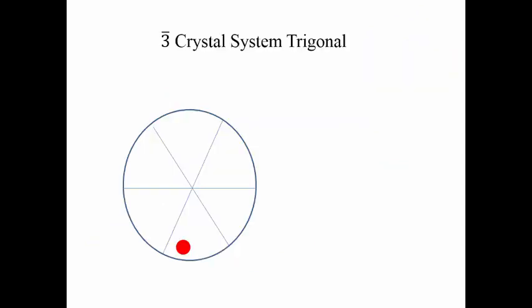So now let's look at our crystal systems. So 3 bar, for example, the point stereographic projection would be if we want to go counterclockwise by 120 degrees, and then we go through the inversion point, we come out here. We go counterclockwise, and that's below the plane. Now we're below the plane, we go counterclockwise by 120 degrees.